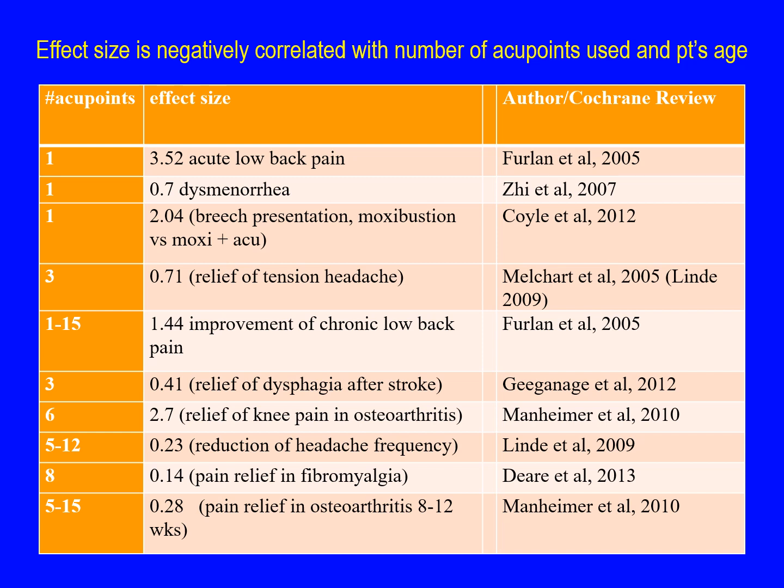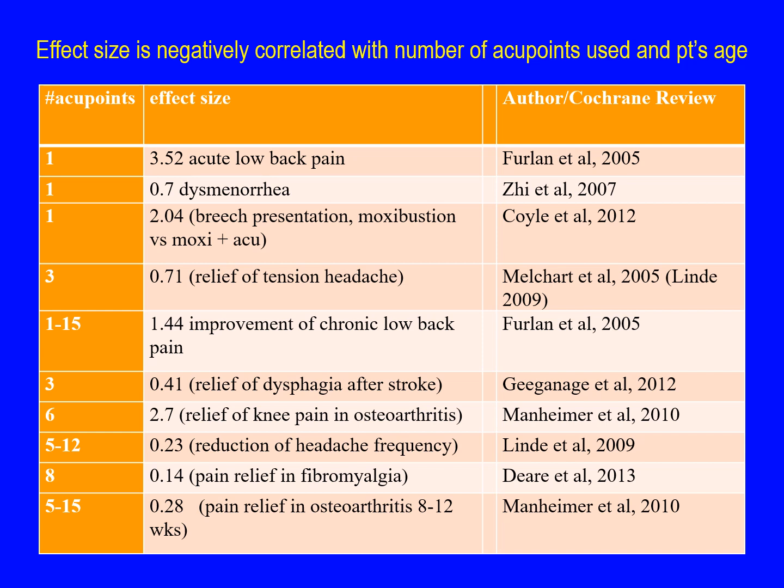Another trend seems to suggest that the effect size tends to be on the high side when the patients are young or middle age, in the case of dysmenorrhea or breech presentation or acute low back pain.